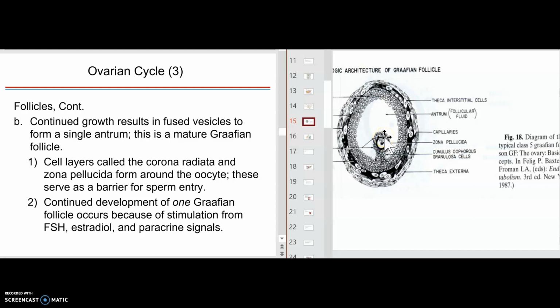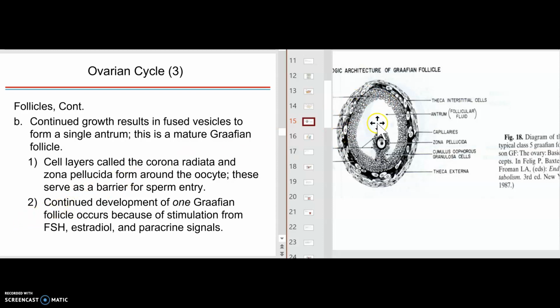When the woman ovulates, she's going to ovulate the corona radiata and the zona pellucida. Now this attachment here from these surrounding granulosa is called the cumulus oophorus, which also is granulosa cells. So all of these look like that.